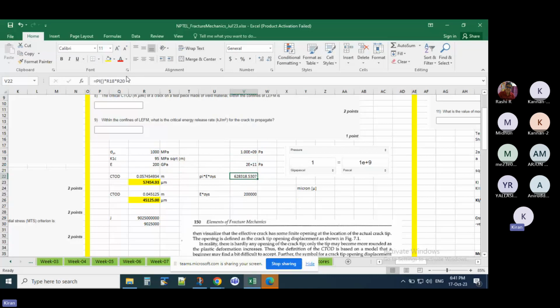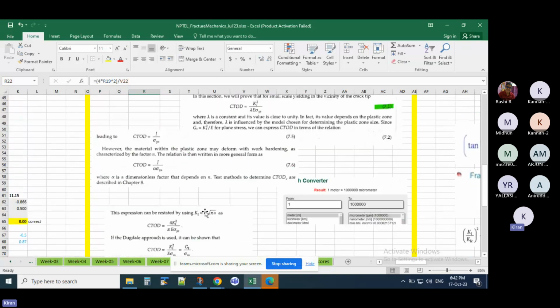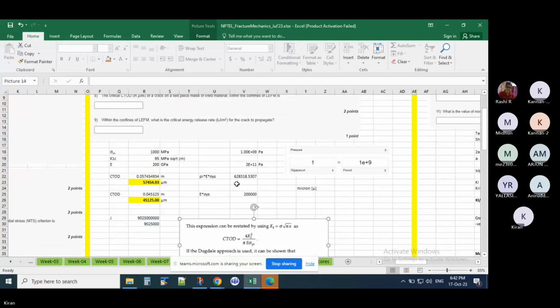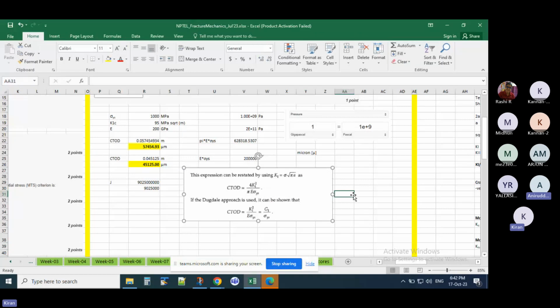Even if you take that, somewhere I have done wrong. Pi by 4, I think it is pi by 4 into E sigma ys. Sorry, 4 by pi or pi by 4? I made the 4 into the formula here.